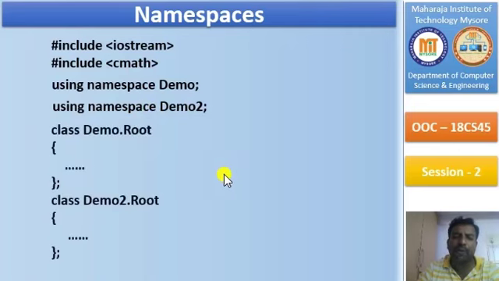If I want the same class name two times, I put it in different namespaces. This root class becomes part of the demo namespace, and this root class becomes part of the demo2 namespace. So I've got two local namespaces, and by using this we can create the same class name any number of times. This is all about namespaces.